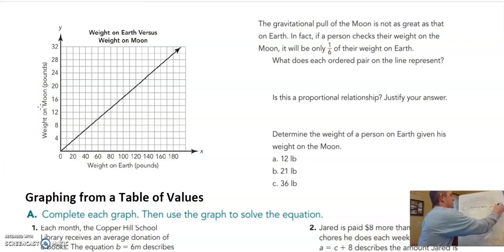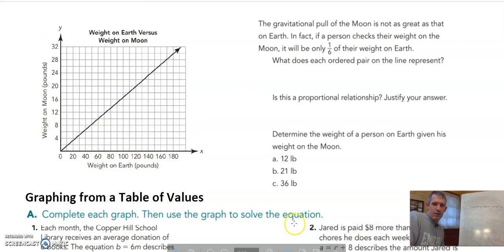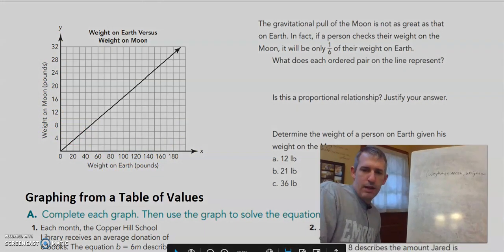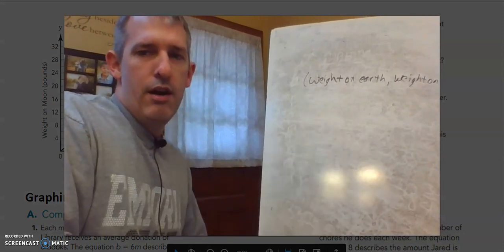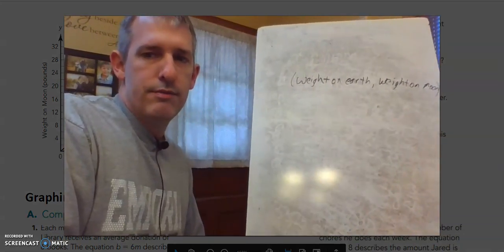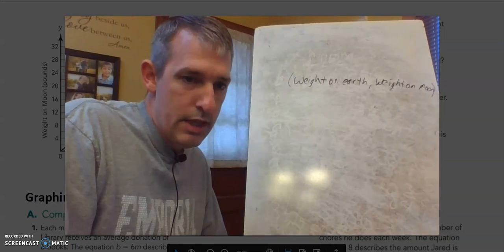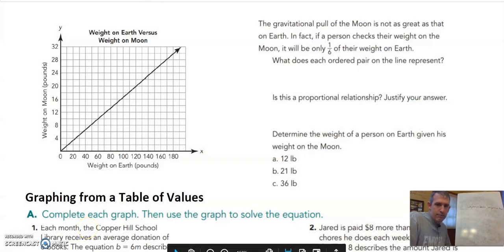So in other words, this question's asking, what are your two labels? What are your two axes labeled? The x-axis is labeled weight on Earth, so that one would go first, and then your y-axis is labeled weight on the moon, so that would go second. Okay, so this is what I have on my whiteboard right now. So weight on Earth and weight on the moon.